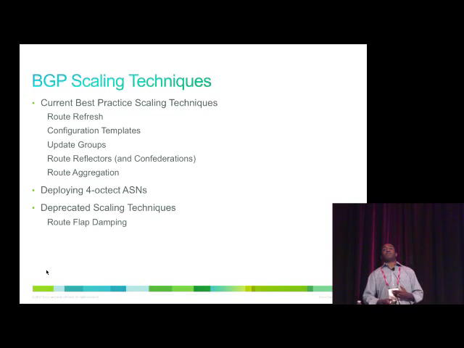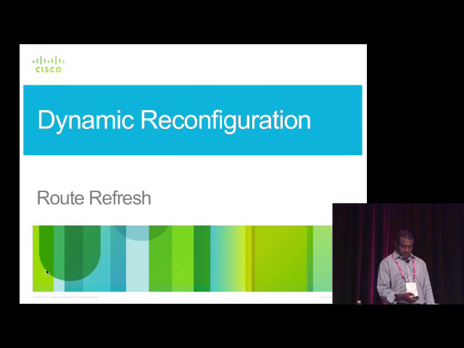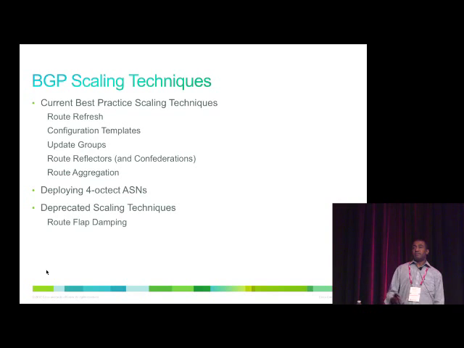But if your vendor or your software doesn't support dynamic update groups, then you have to think about that because that improves scalability a lot. Route reflector is very, very important. We'll discuss that. Route aggregation is also very important, not just for a service provider, but for the entire internet. So we'll also discuss that. And deploying 4-octet ASN. We are running out of 2-octet, so being able to support 4-octet ASN is important.